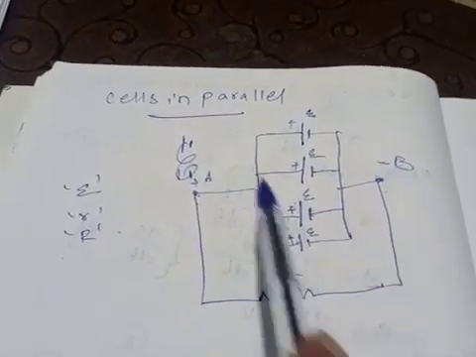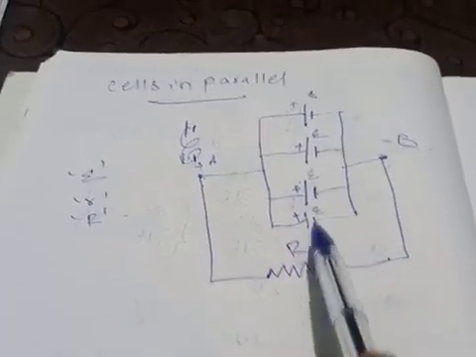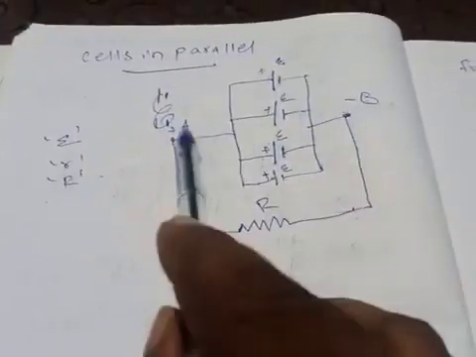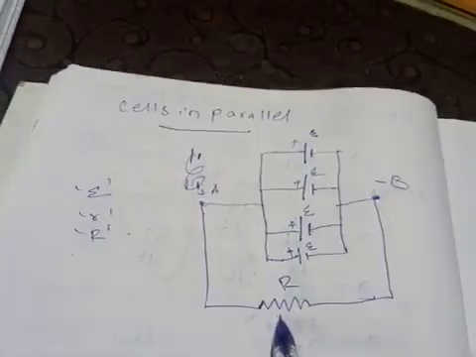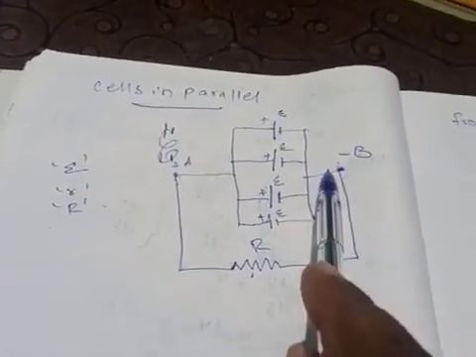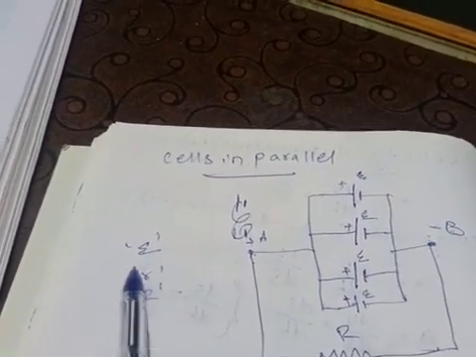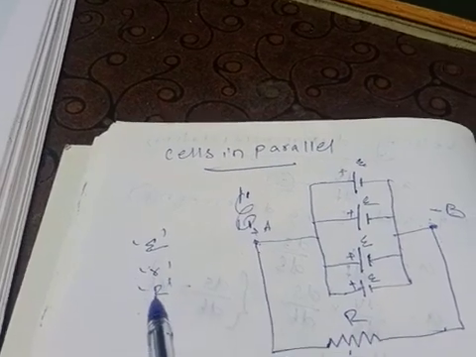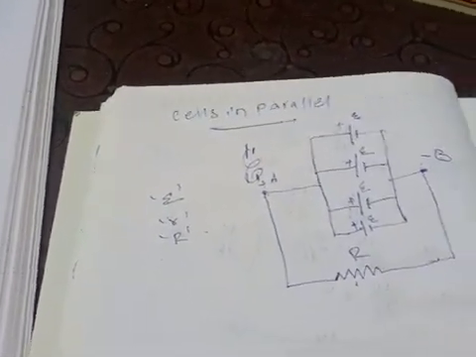Now let us consider these N cells are connected between these 2 points A and B, and external resistance R is connected between these 2 points A and B. So epsilon is the EMF and r is the internal resistance of each cell, and capital R is the external resistance. This is what you have to tell about the circuit diagram.